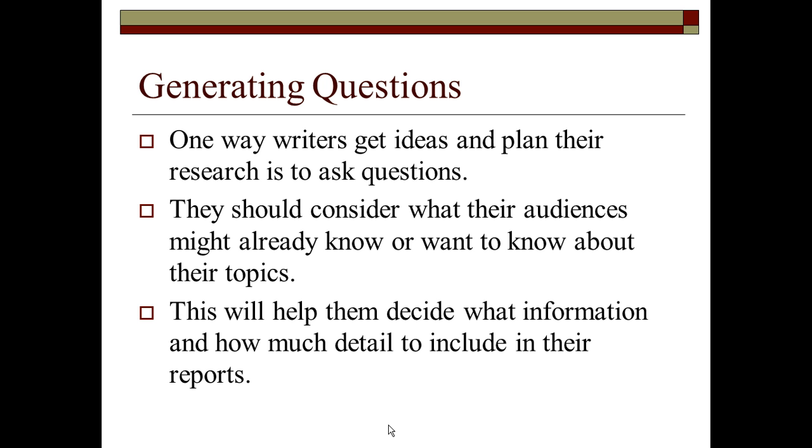For example, if you're writing about something that's a very obvious thing, you might want to include it, but it may not be the whole entire part of your science report. This is going to help you decide what information and how much detail to include in your reports as well. So think about questions that you may have, and also think about what a normal audience would want to know, or what they already may know about your topic.